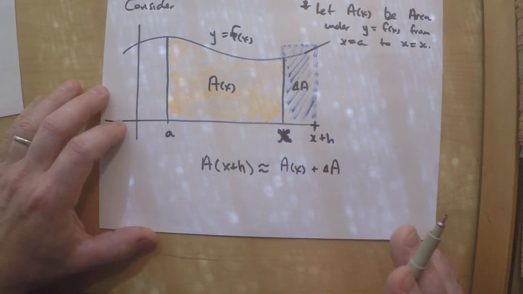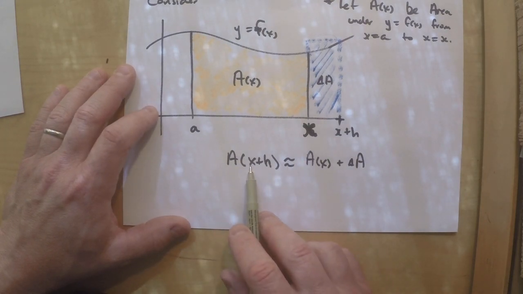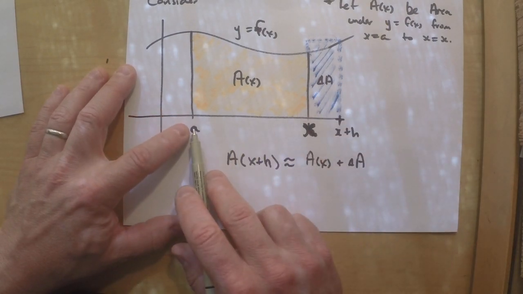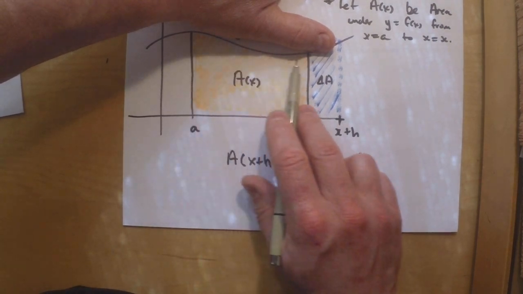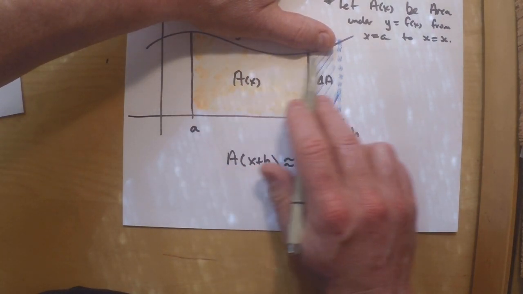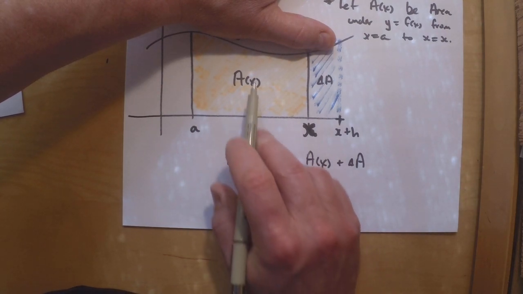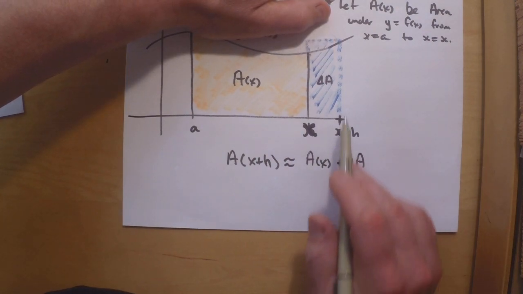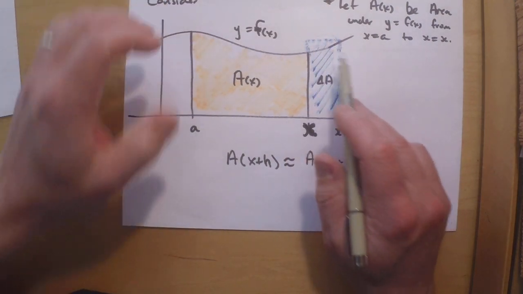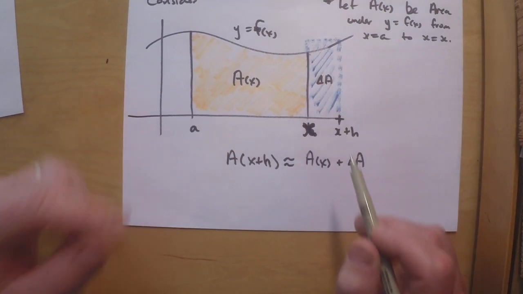So the area function of x plus h, which would represent the exact area from a all the way to x plus h, do you agree would be approximately equal to the area under that part of the curve plus this change in A? That's where it's not exact because there's a little bit of oversight here.